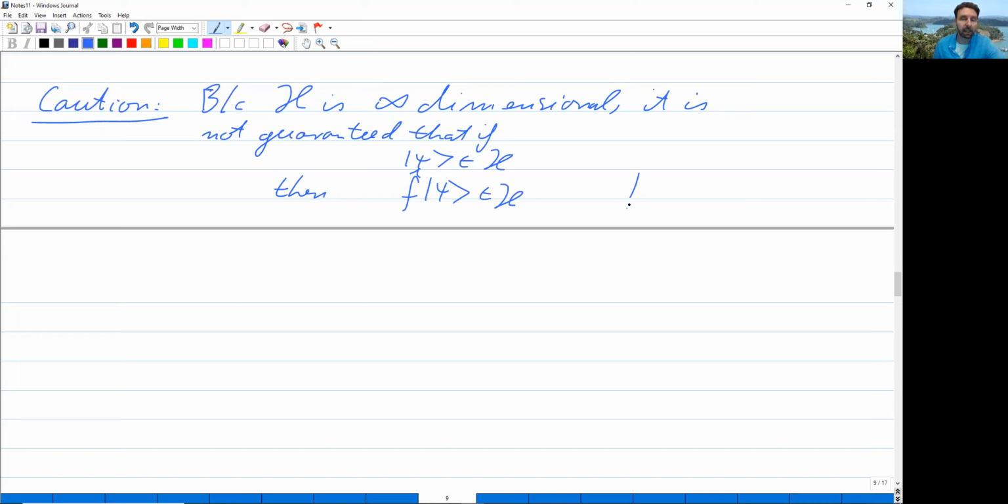That's not guaranteed. In linear algebra, if you have a linear map acting on a vector, you get another vector of the same space. But not here. Why?